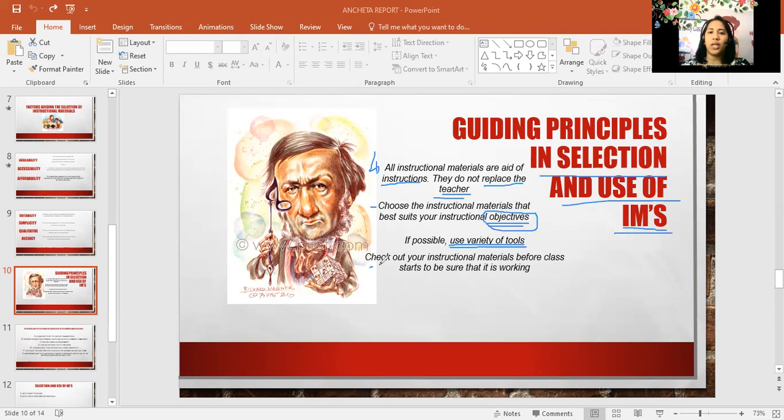You also need to check out the instructional material before class starts to be sure that it is working. So before you start a class, you need to check if all your materials are in good condition.